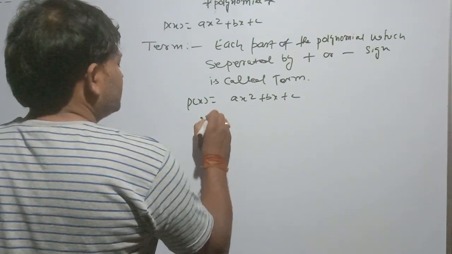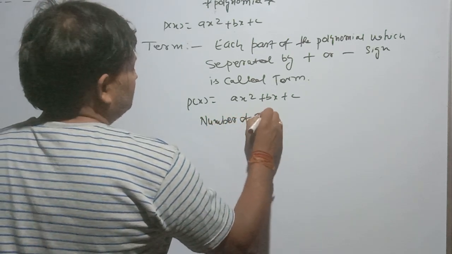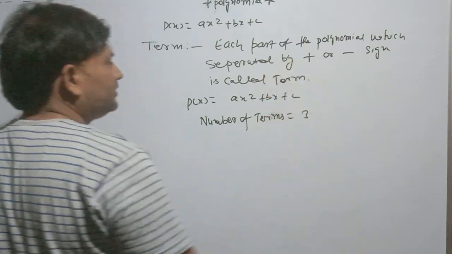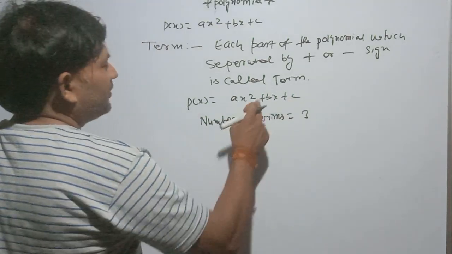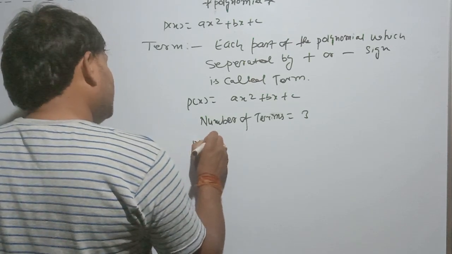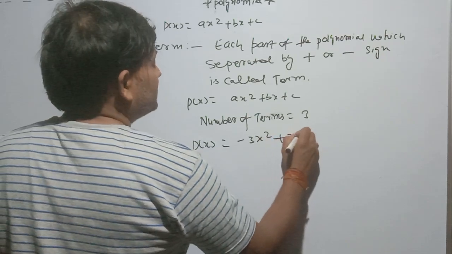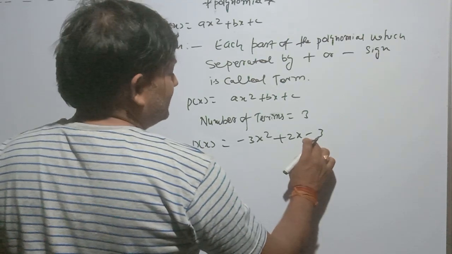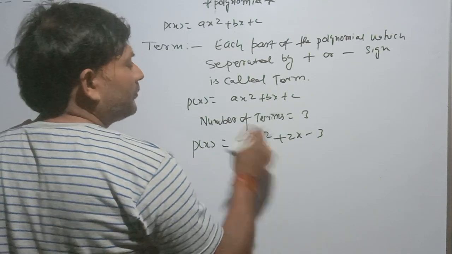So the number of terms is equal to 3: 1, 2 and 3, separated by plus signs. Let me take another example, p(x) = -3x² + 2x - 3. Here the first term is separated by a minus sign and the other terms by a plus sign.